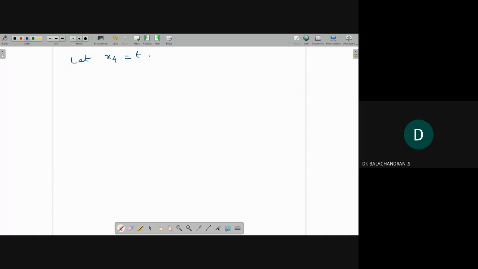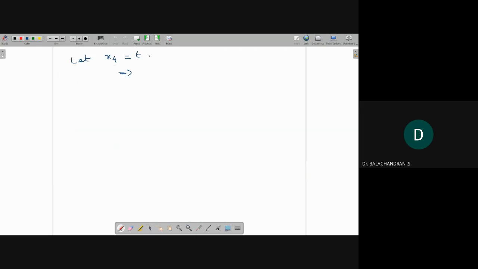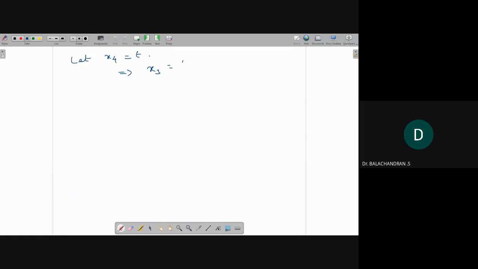So what is x3? x3 equal to 1600 minus x4, but x4 is t.